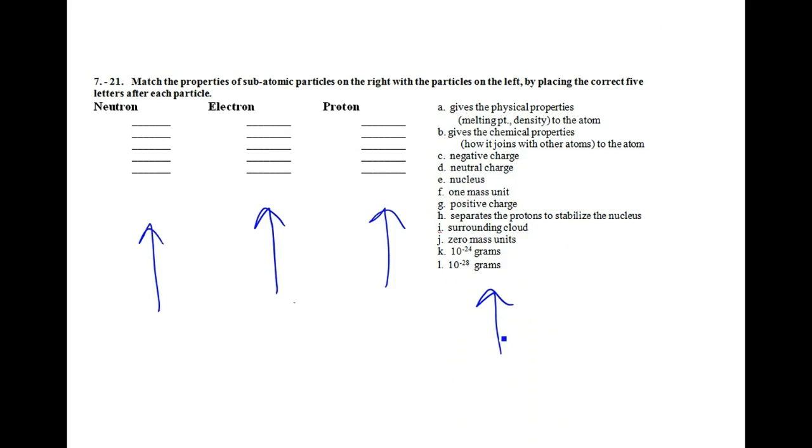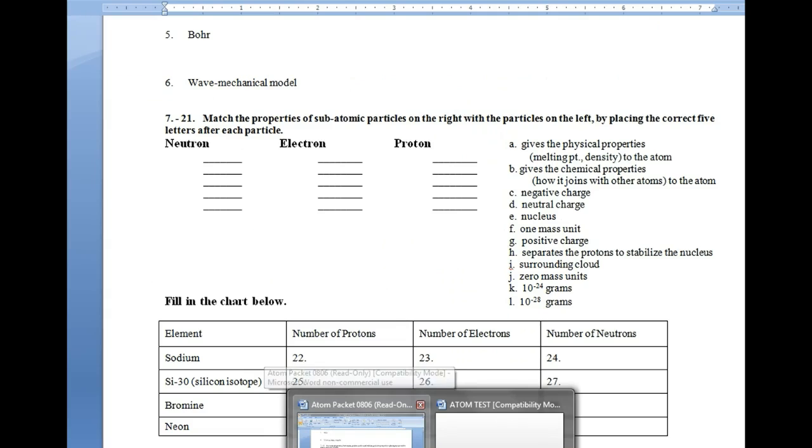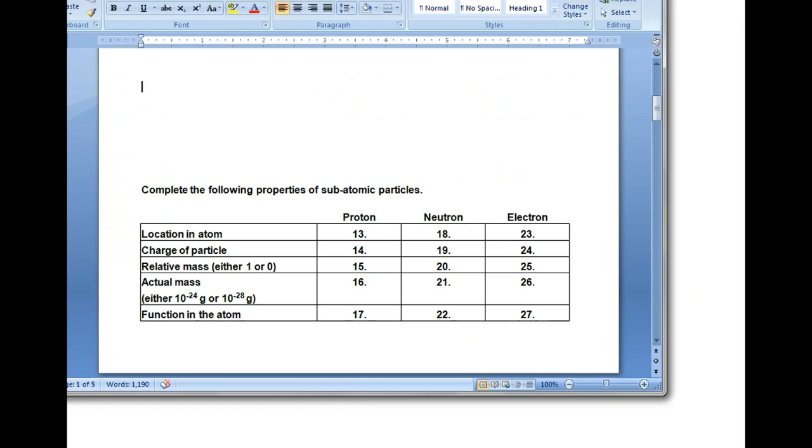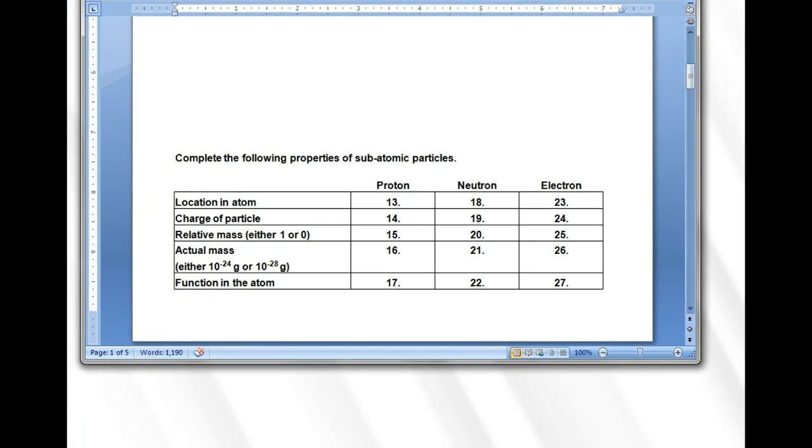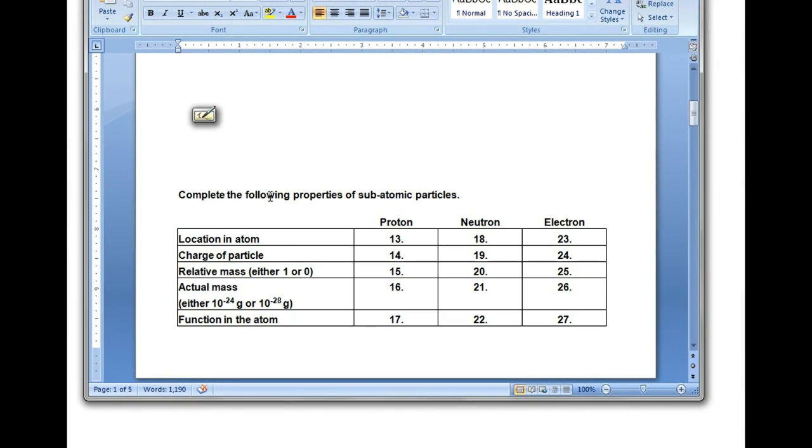So let's shrink that. Now I'm going to actually show you a little glimpse of the actual test. There it is, right there. Alright, so you should be seeing this. It says complete the following properties of subatomic particles.